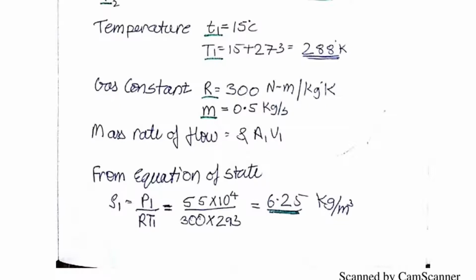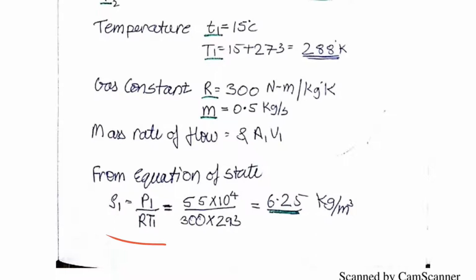To find that, we'll use the mass flow rate equation, where the mass flow rate is equal to rho into A into V. We don't know the value of rho1, but it can easily be calculated using the relationship rho1 equals P1 divided by R into T1.